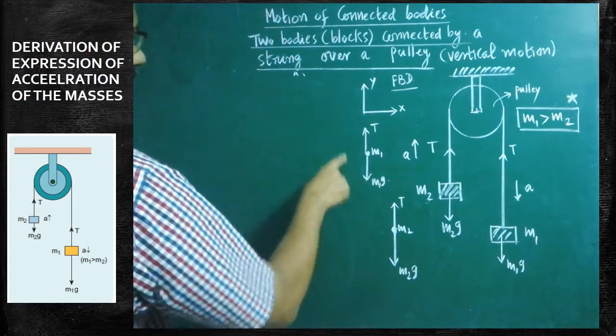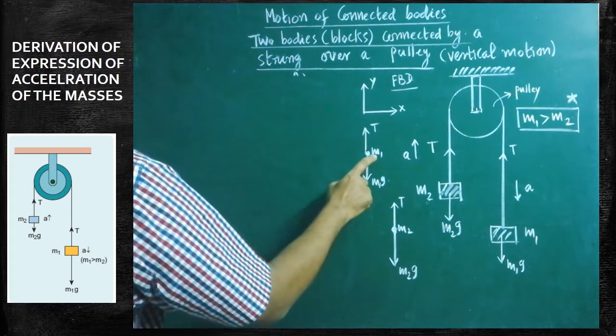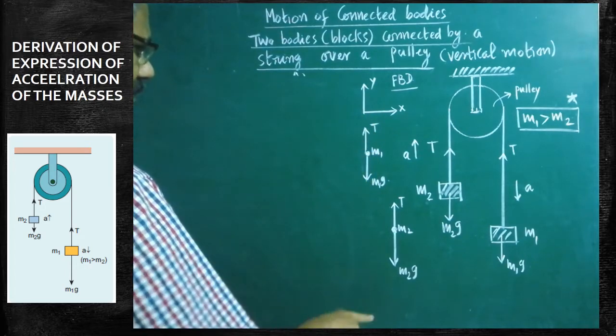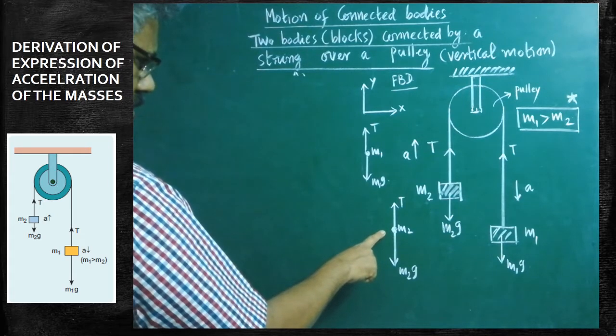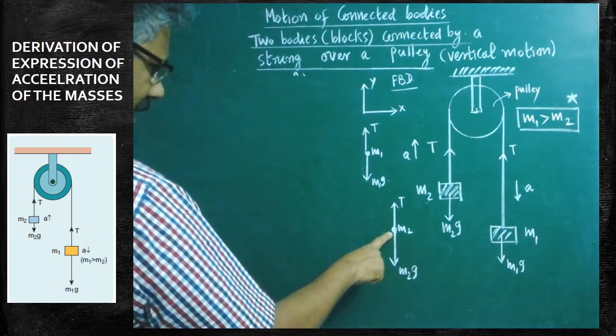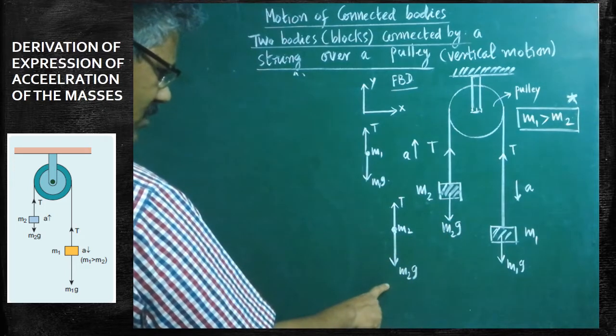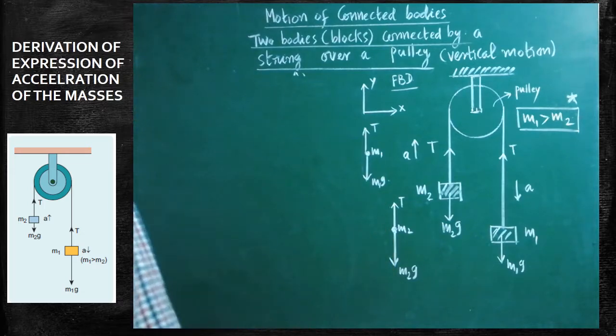So this is the free body diagram for which one? This mass m1. In the same manner you have to draw the free body diagram for mass m2. This m2 must be represented like a point mass, and then m2g is drawn towards downward direction, and then tension is drawn towards upward direction.